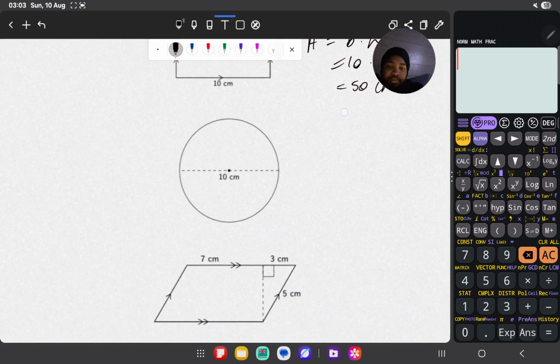You see? Cool. On our circle, you have the diameter, right? So you already know that this is 5, this is 5.